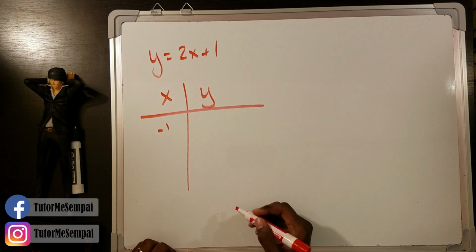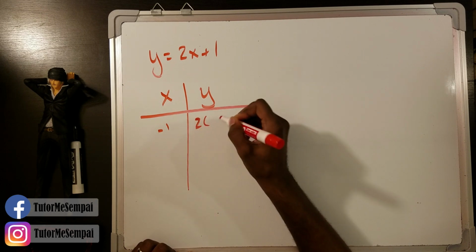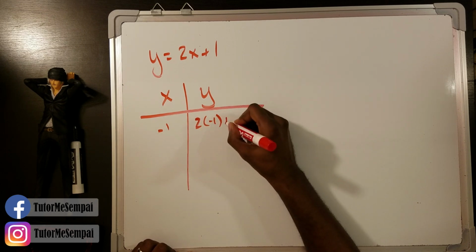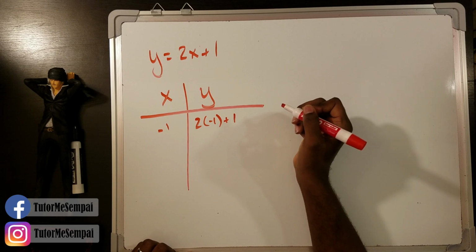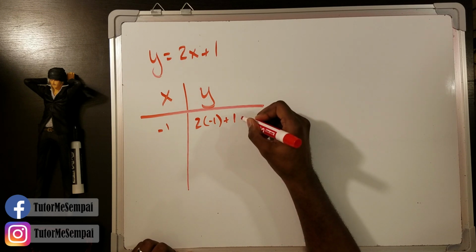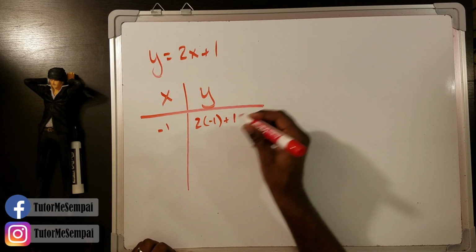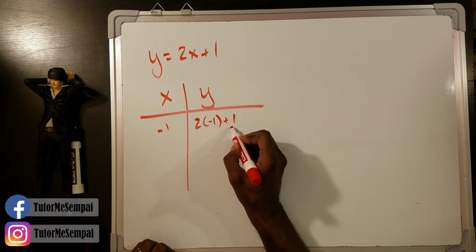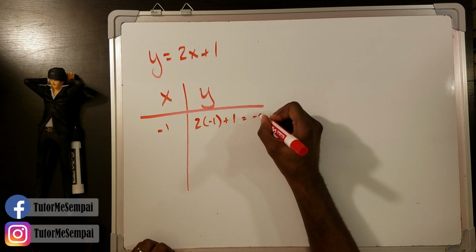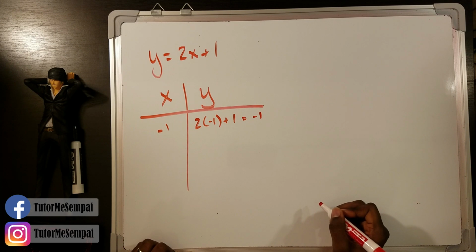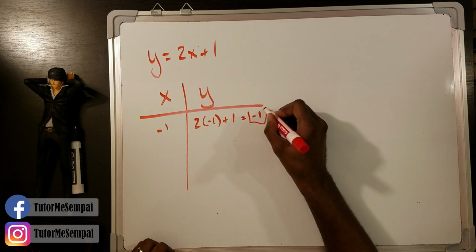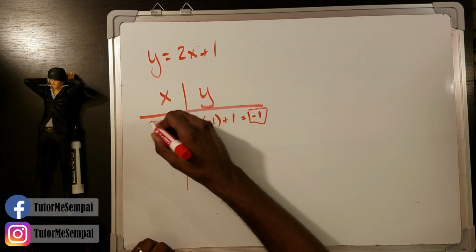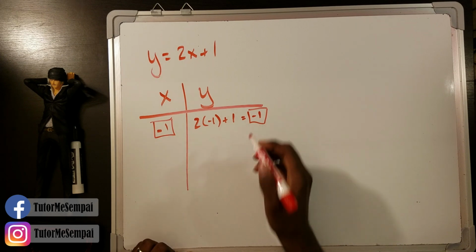That's going to be 2 times -1 plus 1. And what's 2 times -1 plus 1? Well, that's -2 plus 1, which gives us -1. So that's one point: -1, -1.